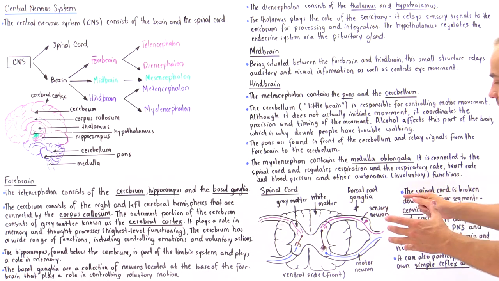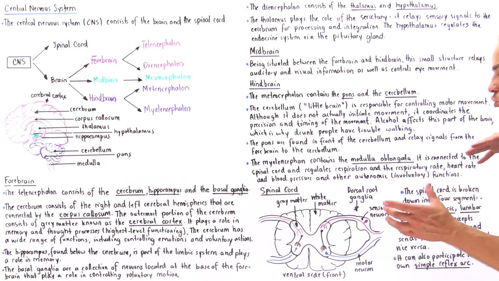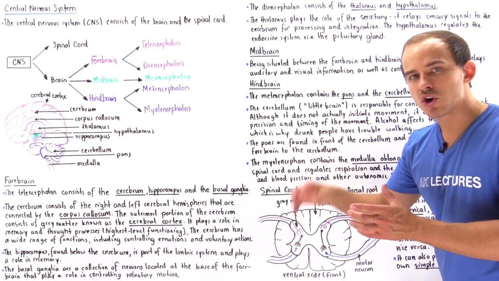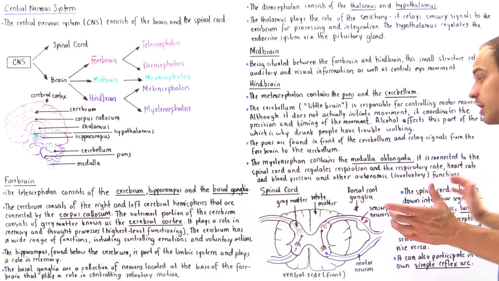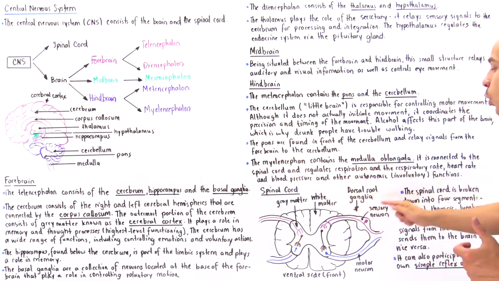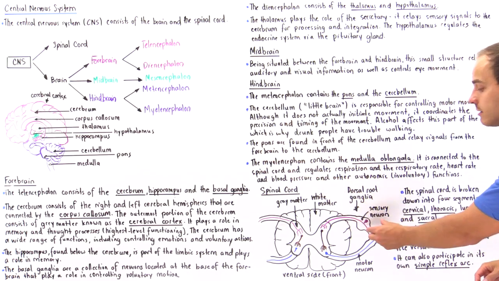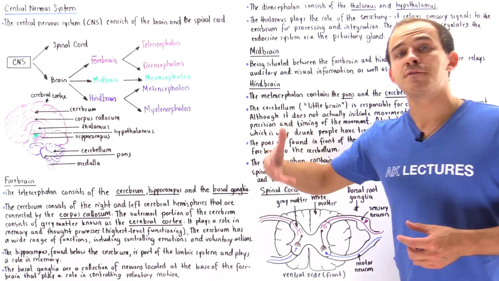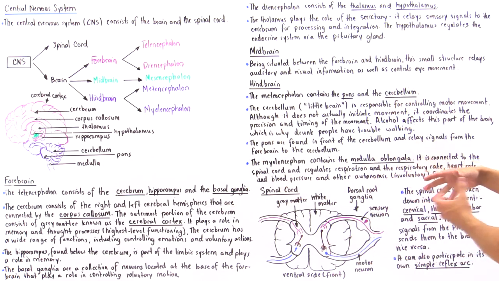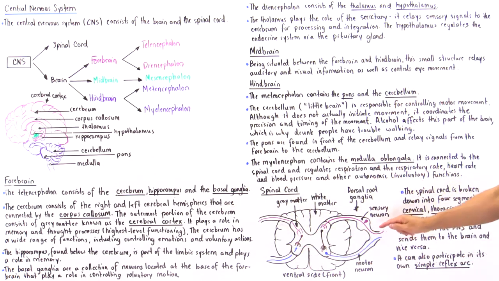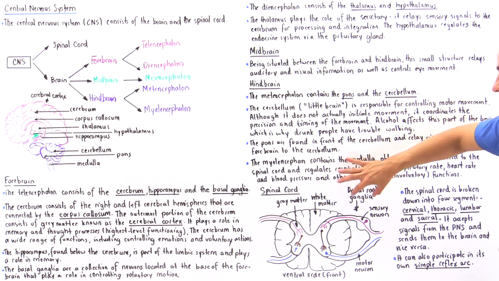Once again, the sensory neurons traveling into our spinal cord always enter from the back side, the dorsal side, and the ganglia, the neurons of the peripheral nervous system next to our spinal cord, are known as the dorsal root ganglia.